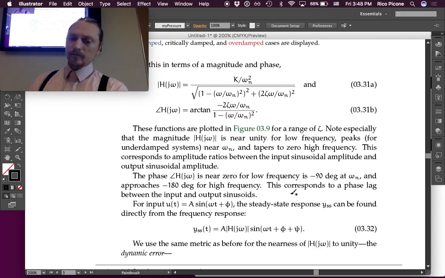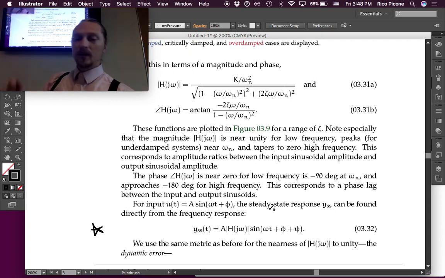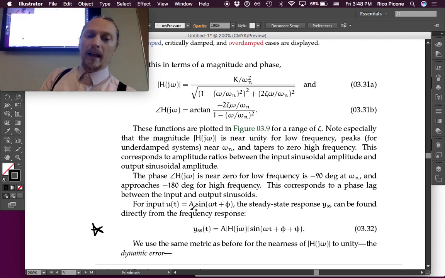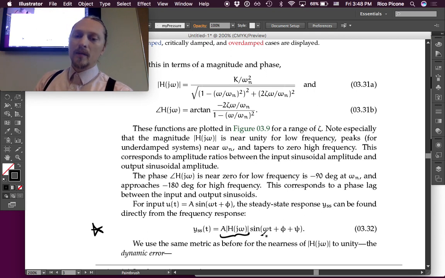This is a really key equation in system analysis. It's a way of interpreting the frequency response function. It says if we put in a sine omega t, we get out A times the magnitude of the frequency response function at that frequency, and the sine comes out with the same frequency it went in at, the same phase, plus some new phase.